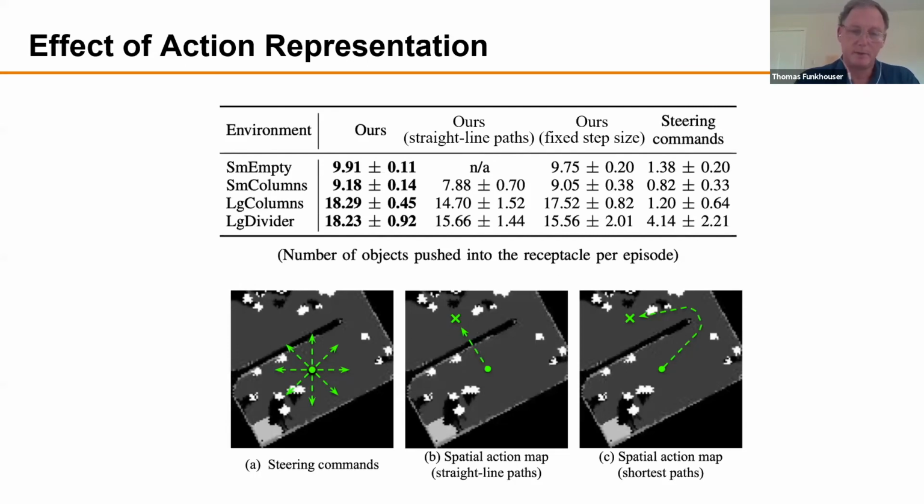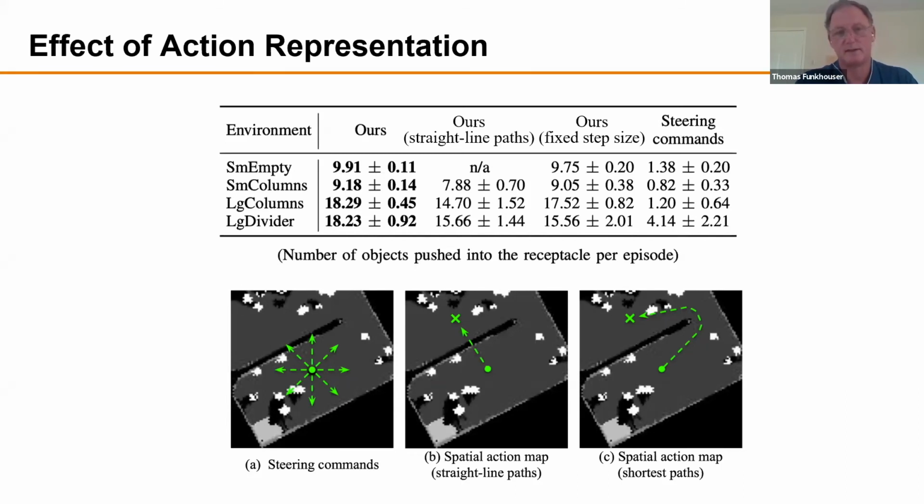Okay, if we were to take out aspects of our system and perform ablations where instead of following shortest paths the method follows straight line paths, or if we were to follow small fixed size steps, the same size as the steering commands, we find that the spatial action maps are still significantly better than steering commands.